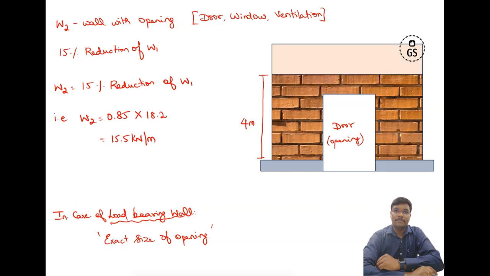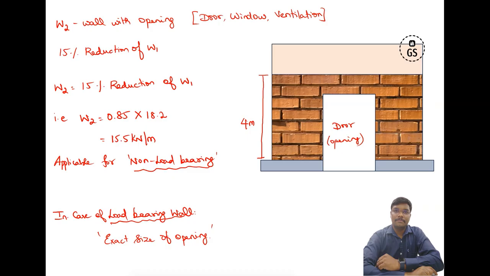These all come as non-load bearing walls. So this is applicable for non-load bearing walls. In such case, we apply this rule. Understood? 15% reduction we can take. So that will be worked out to be 15 kilonewton per meter.